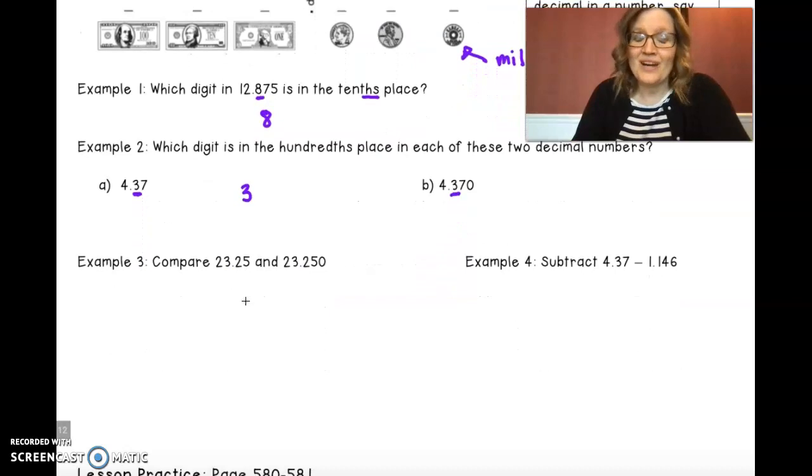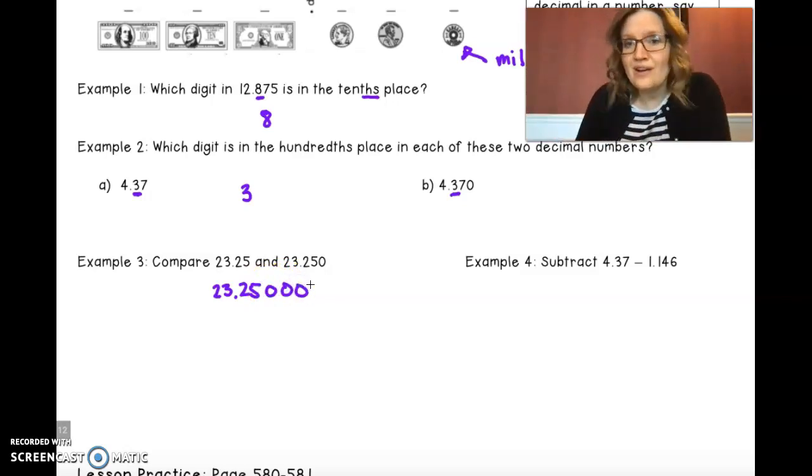Now, wanting to compare 23 and 25 hundredths and 23 and 250 thousandths. I think we talked about this, so it's been a while, but when you have a number with a decimal, you can stack as many zeros onto the right of it without affecting its value.